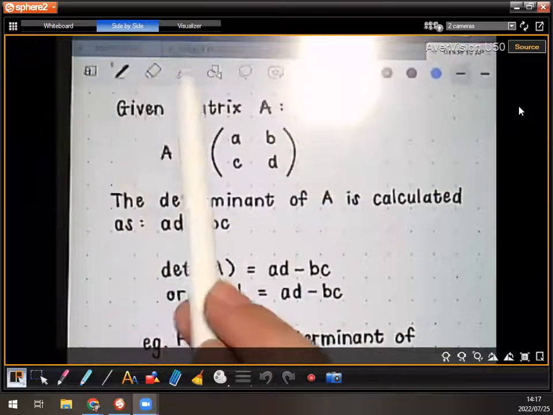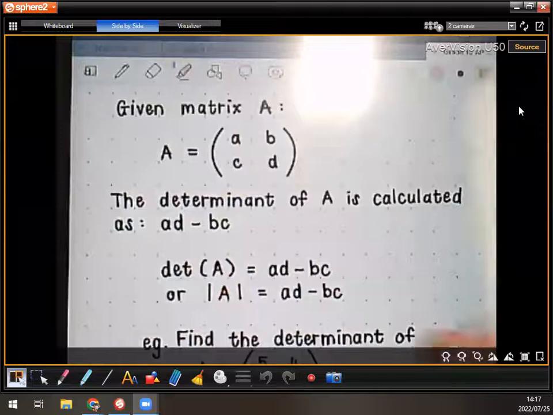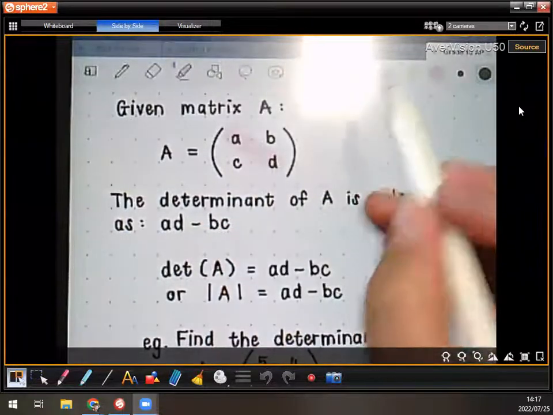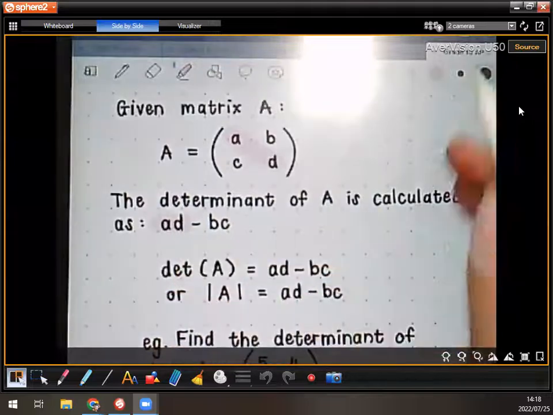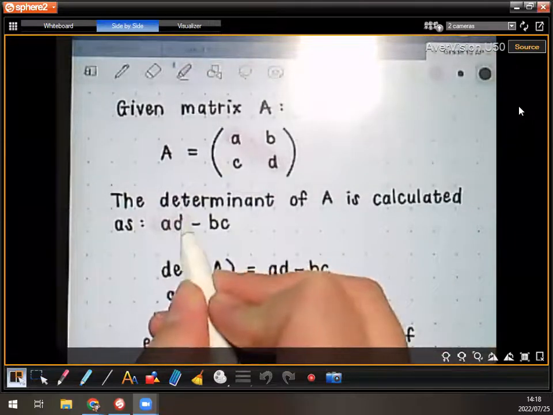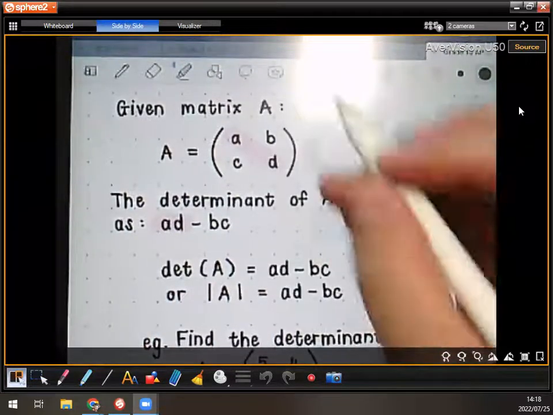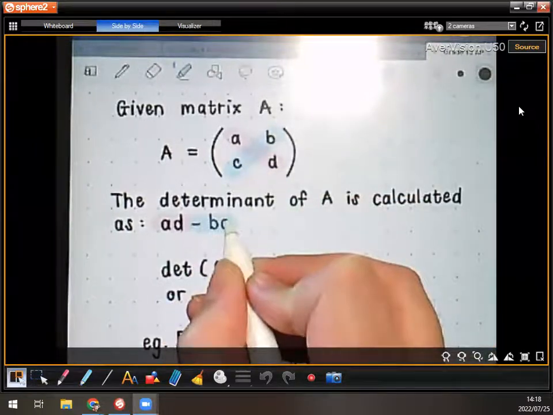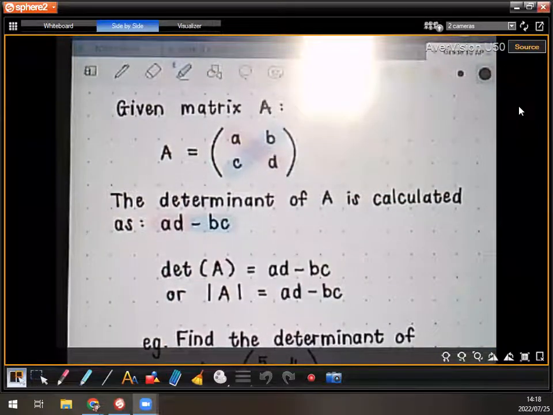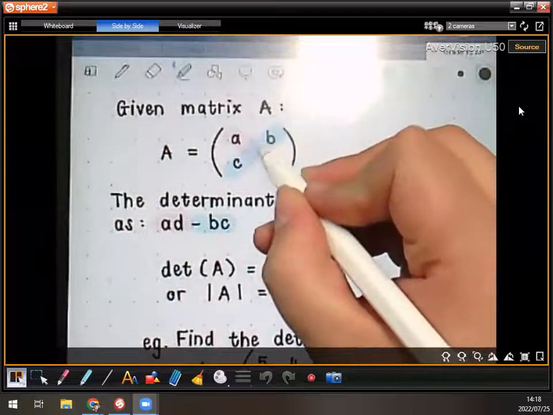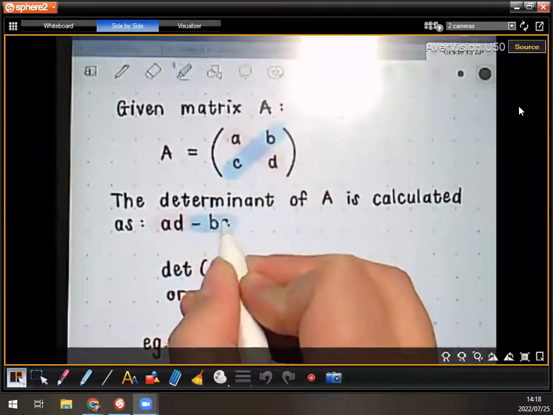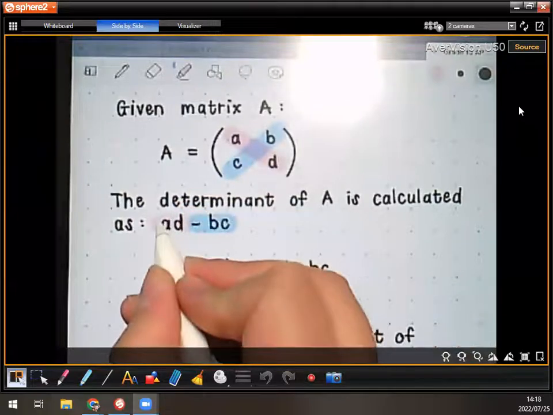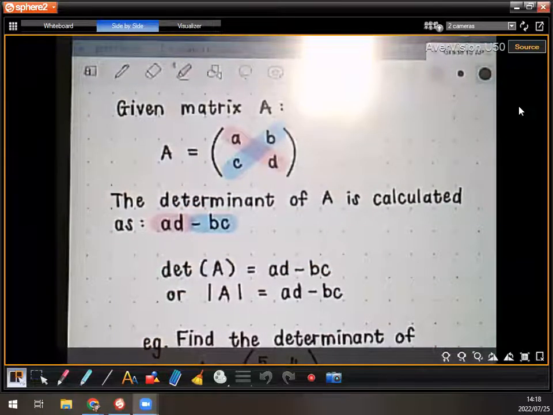AD, minus BC, like that. Should I make it a bit darker? Can you guys see that?